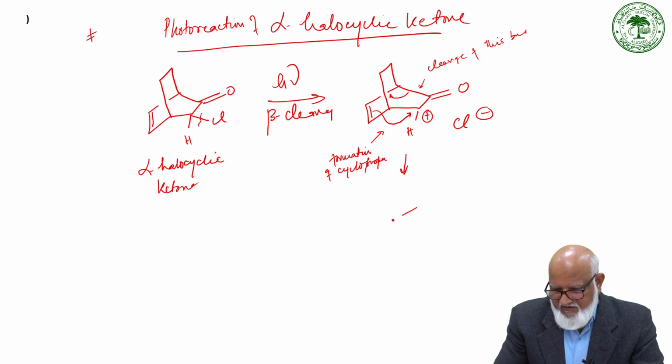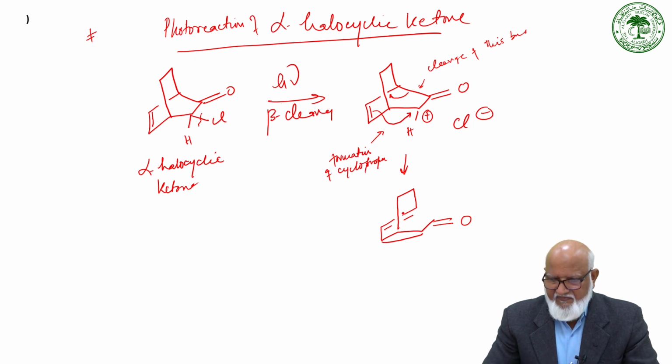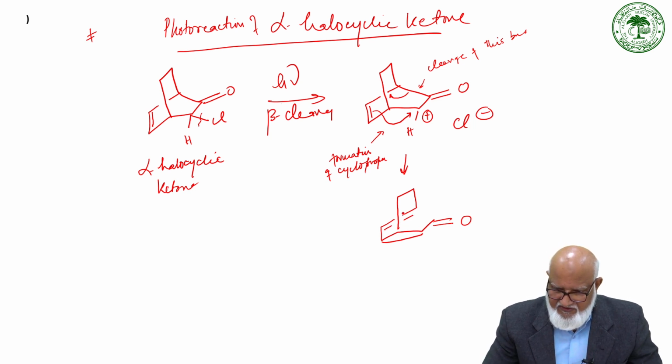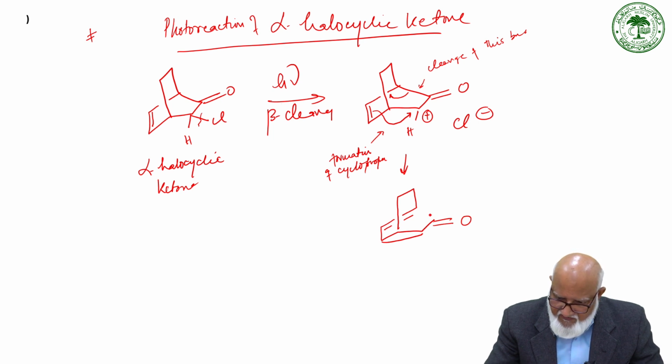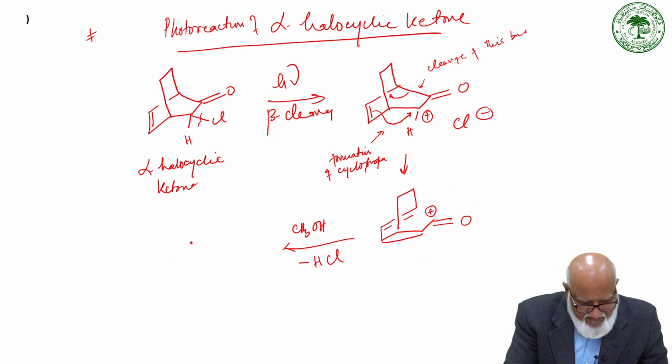So we get cyclopropane, and then there is a carbonyl, there's a double bond here, and then we end up with a positive charge at this carbon. Now this is trapped by methanol, CH3OH, with loss of Cl minus, to give a product like this.